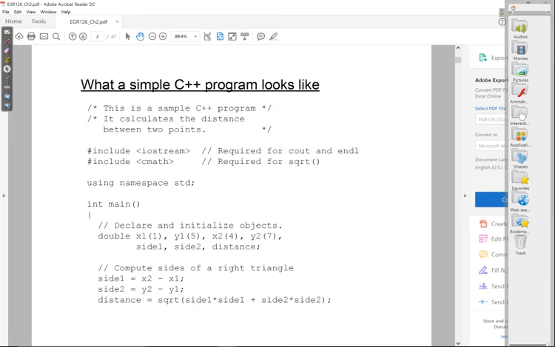Okay? So here's how C++ really treats this. It encounters this command, double x1, y1, x2, y2, and it just keeps going, treating everything that comes after that as the same command until it encounters the semicolon. So theoretically, you could write a C++ program that's one super long line.